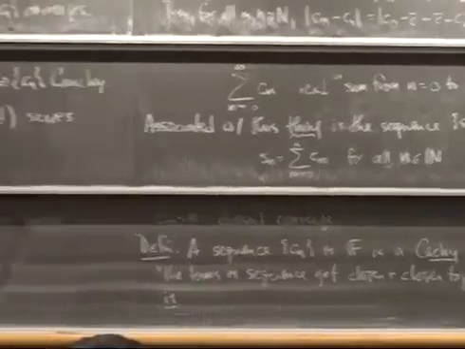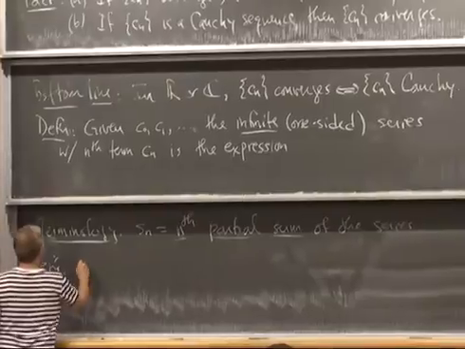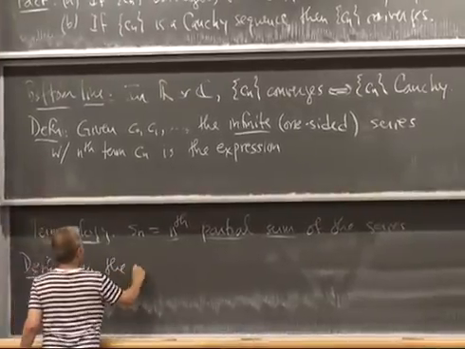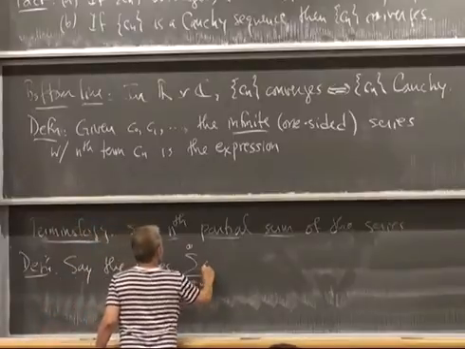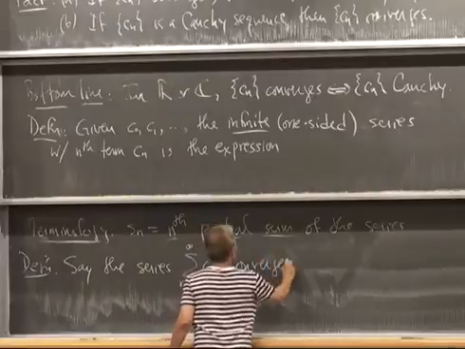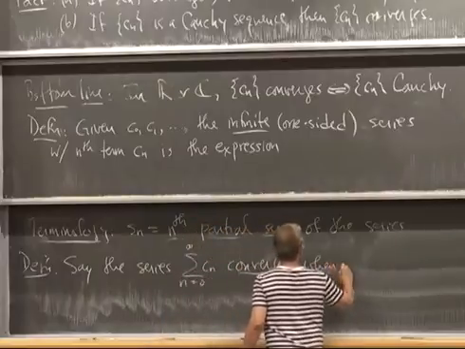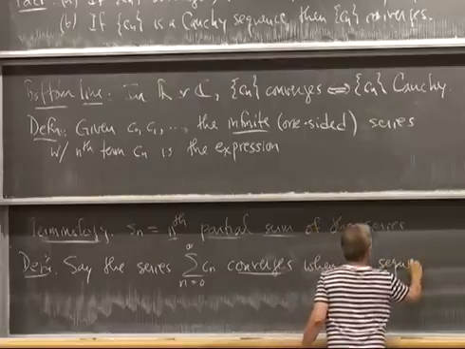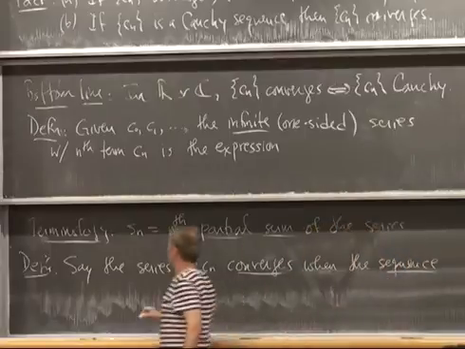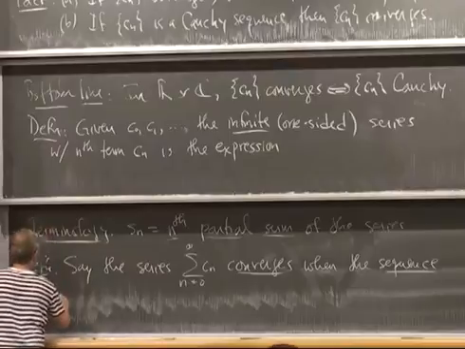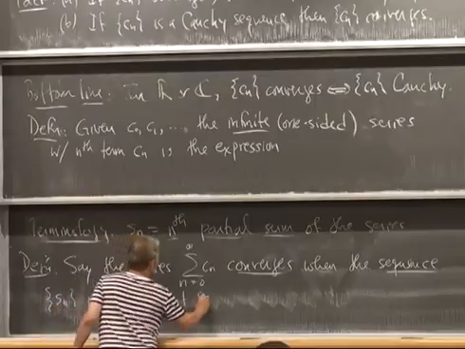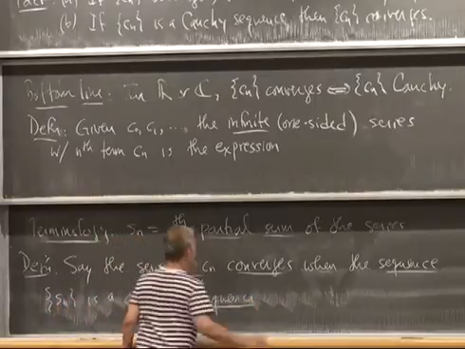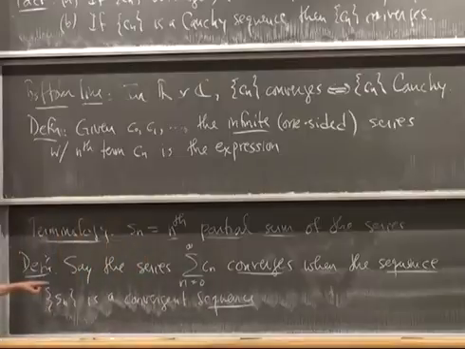So here's a definition. We say that the infinite series, and I'll leave out the word infinite, sum from n equals 0 to infinity of c_n, converges when the sequence of partial sums S sub n is a convergent sequence. And let's call the limit of that, in that case, S bar.